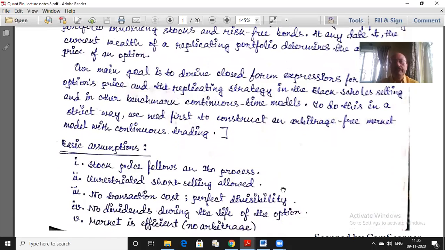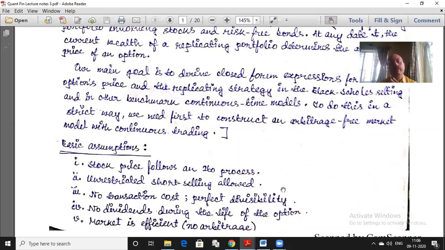So what are the basic assumptions? The basic assumptions, of course, the stock price follows an Ito process, because that's the canonical process we are now considering. We are not only talking about Brownian motion here, we are talking about that particular combination. So our stock price process has to be a sum of a dt and a dv component. There is no restriction on short selling, which means any kind of negative weightage on a particular asset is allowed, because for now, to begin with, we want to keep it as simple as possible.